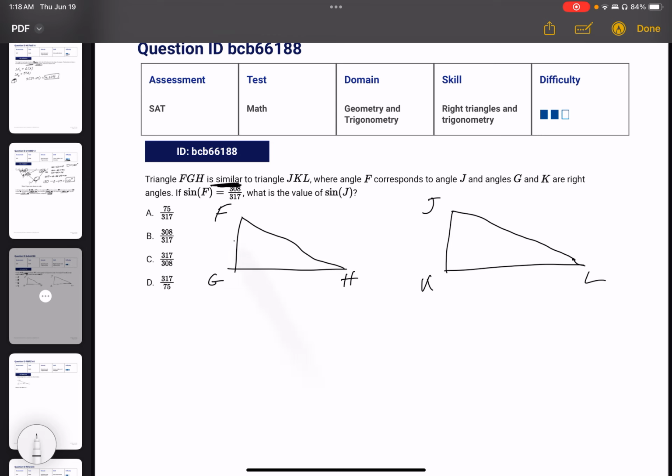So if this side, let's say it's x, is half of this side, so this would be 2x, the same is going to be true for over here, even though we don't know the value, because this might be like 7, this might be 14, and over here it might be 5, and this might be 10. So it just means they're proportional to each other. Like if one increases by 2, the other will increase by 2.